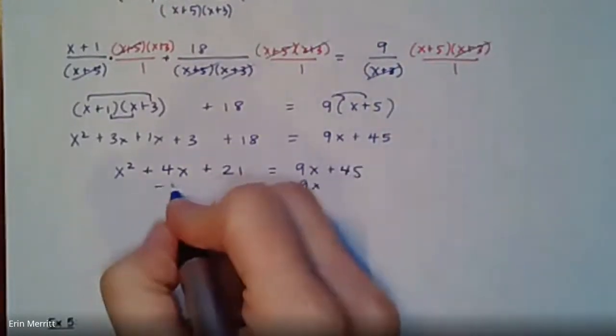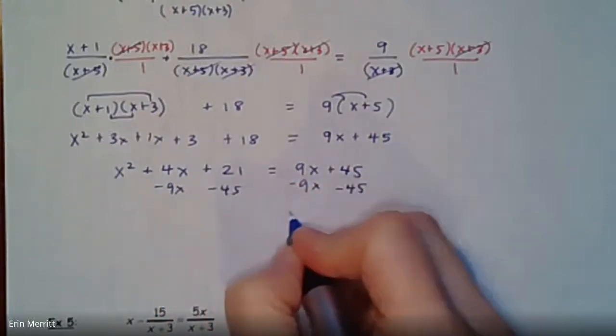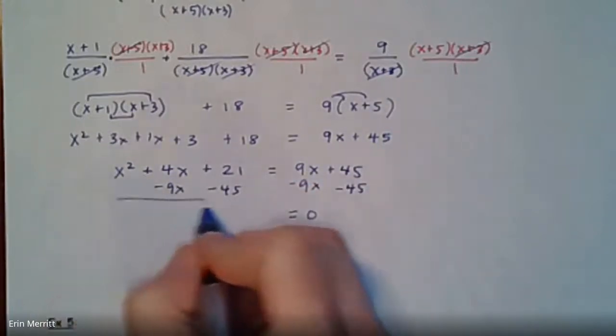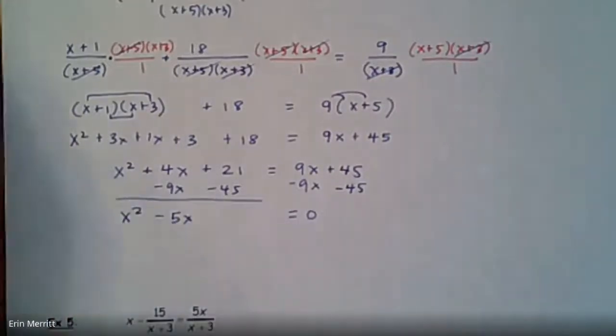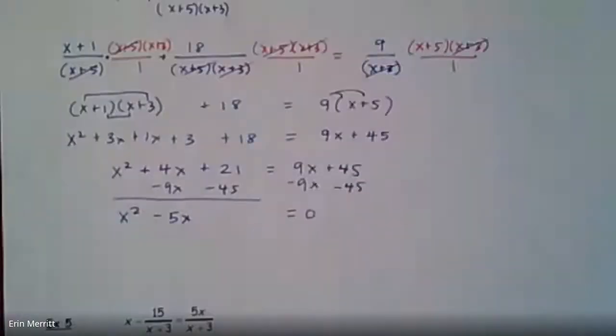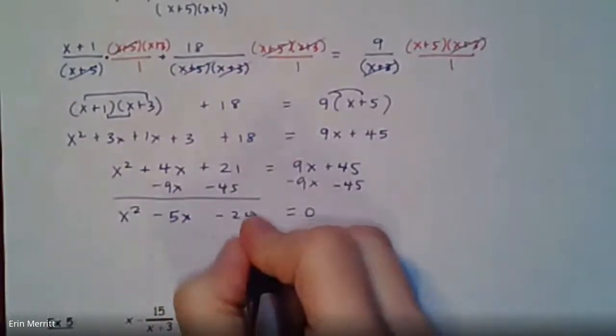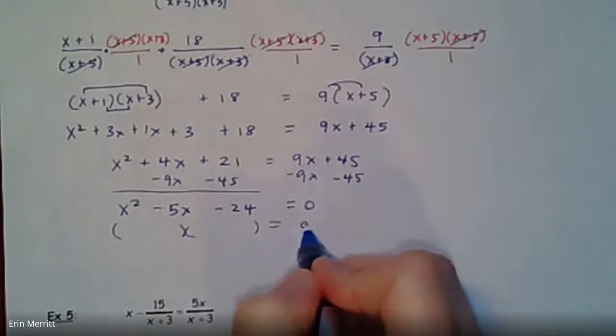So move that 9x over, subtract the 45 over so that I can get everything equal to 0. This gives us x squared minus 5x. Grab our calculator here. If we go 21 minus 45, that's negative 24. All right. That's a nice friendly factoring question.